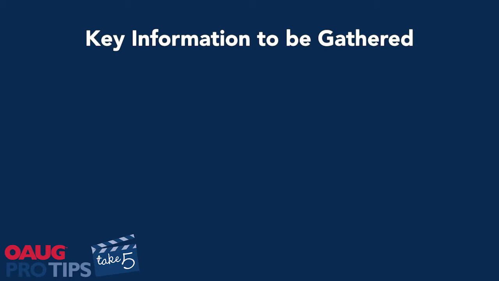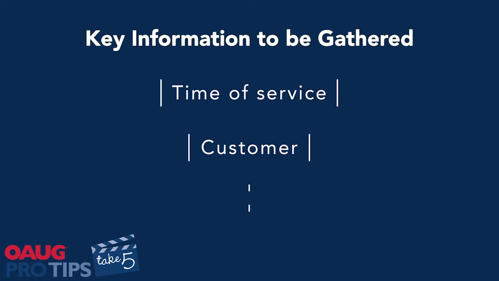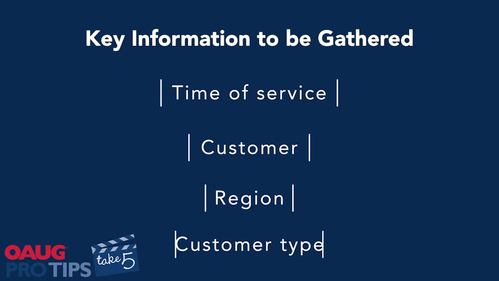So how do we measure whether or not an agent is actually hitting their SLA targets in providing the customer the level of service they are entitled to? So what we've done is we went into Siebel service and picked out the key points in each of those areas where we looked at the time, the customer, what region that customer is in, and the type of customer we have.